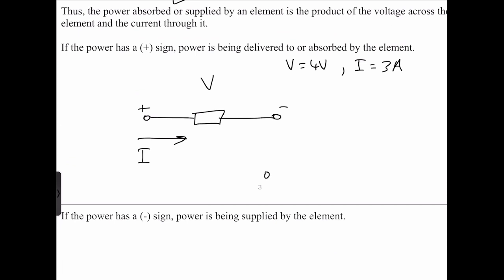Because remember, whenever we draw a circuit, the way our sign convention is, it's always positive to negative. So in this case, the power is going to equal 12 watts, and that's positive.